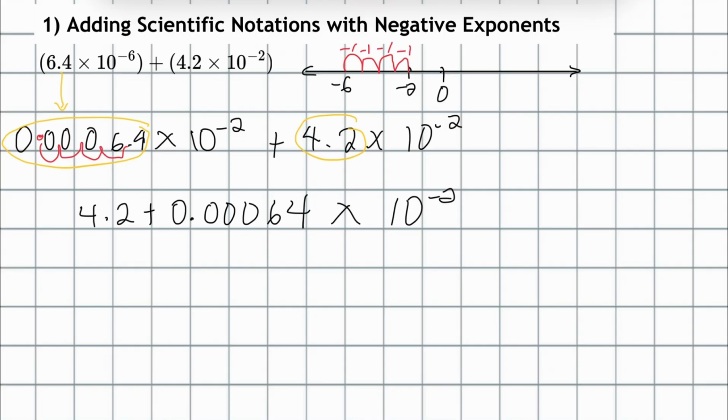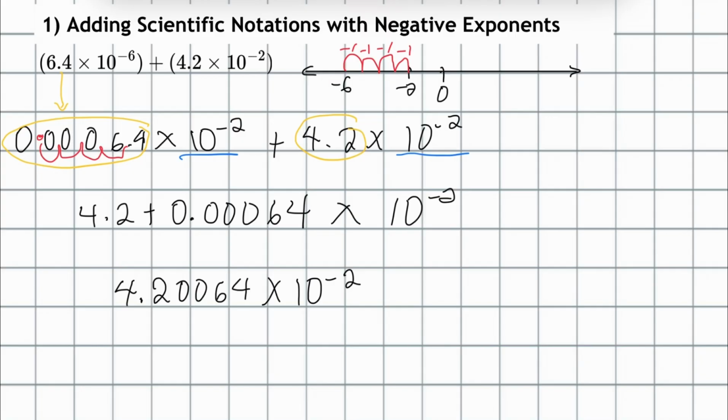So this here, we just use it once because we can combine it, right? That way we can get to our final answer. And now we just add these two values. So we're going to have as our final answer 4.20064 times 10 to the negative 2.